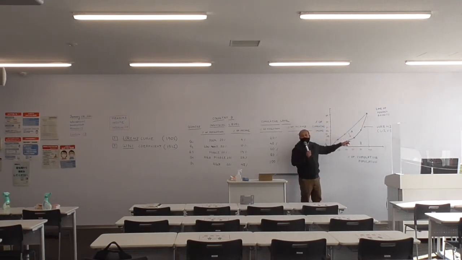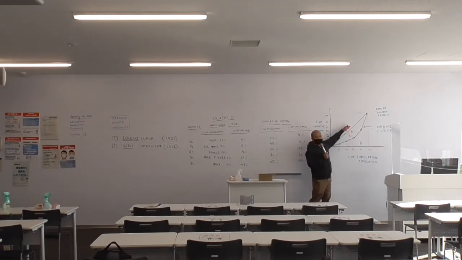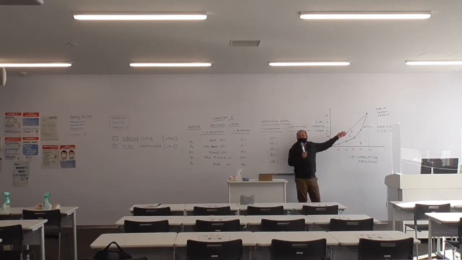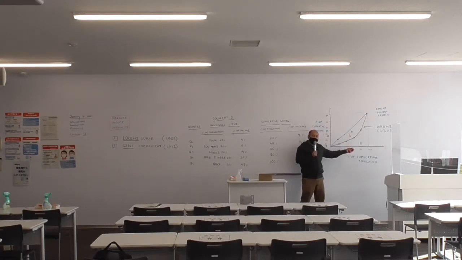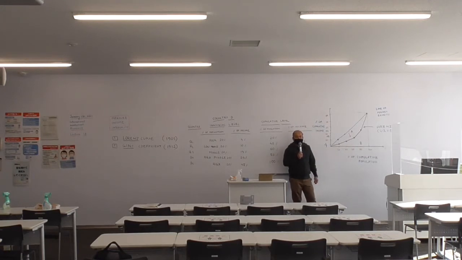If one country gets far from this 45-degree line, whether the inequality is increasing or decreasing? The inequality is increasing. Okay, inequality is increasing. Thank you very much for your answer.